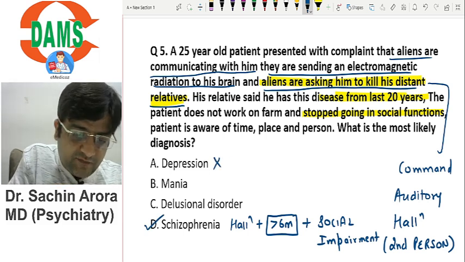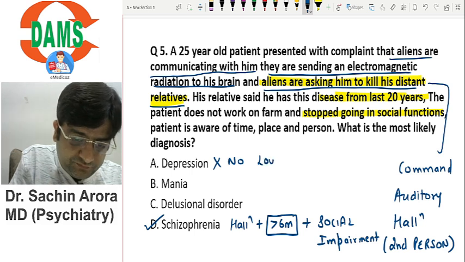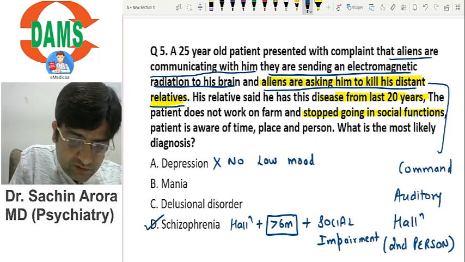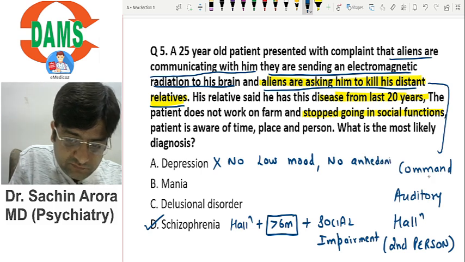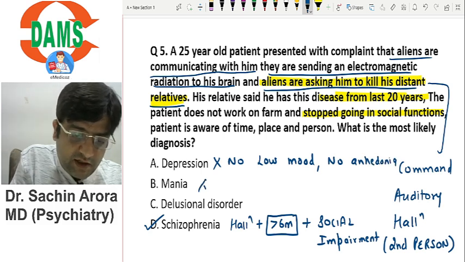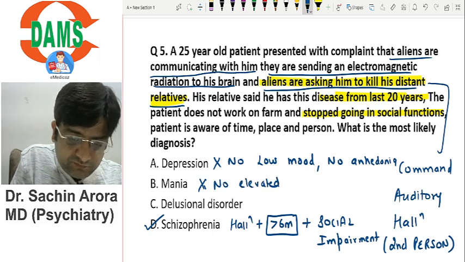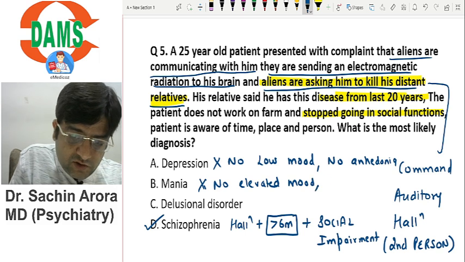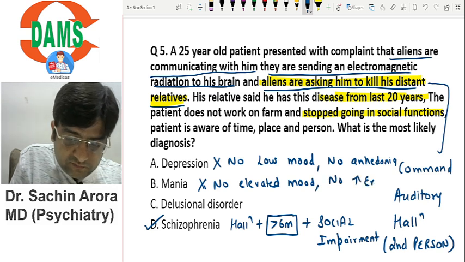It does not have any low mood, no anhedonia. It does not have any elevated mood, no increased energy.